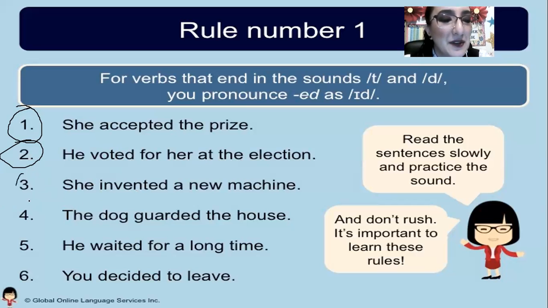What about the number 3? She invented a new machine. Cool. What about the number 4? Tell me. The dog guarded the house. That's cool. What about the number 5?